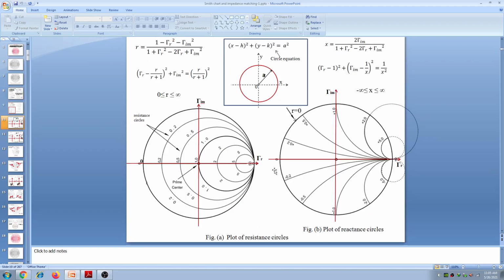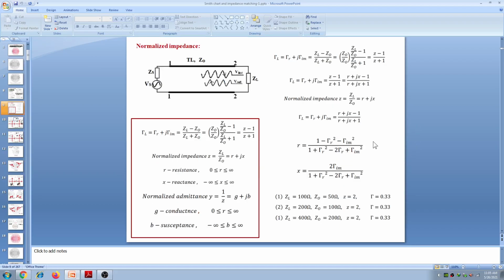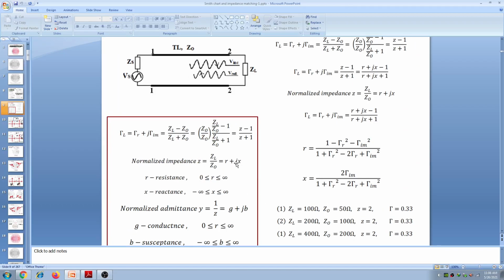In this normalized chart, there is actually a combination of four types of circles, as we were discussing in the earlier class. Normalized impedance means impedance has a resistance and a reactance, so it can be written as R, the normalized resistance, plus jX, the normalized reactance. R can take values from 0 to infinity.